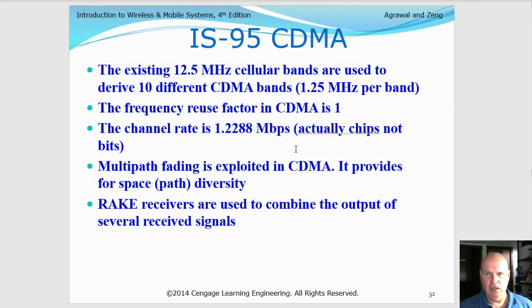The existing cellular frequency bands were split into 10 different frequency bands that were used by CDMA. Each of the frequency bands was 1.25 megahertz. Each of these bands could support 64 simultaneous users, or 64 different CDMA codes, so that we had a total of 640 different channels essentially.